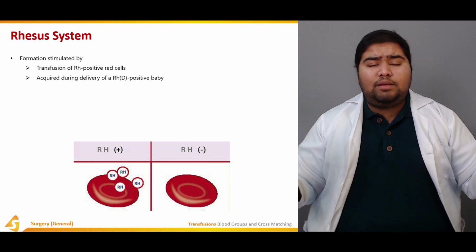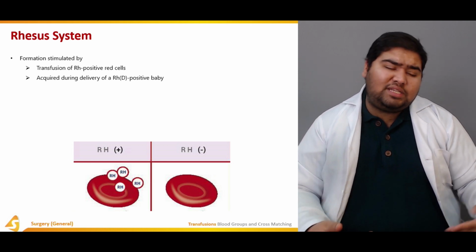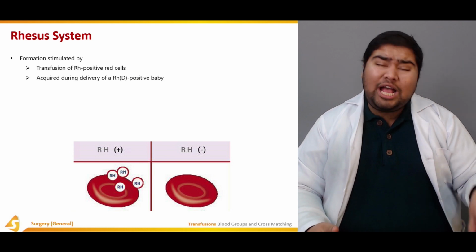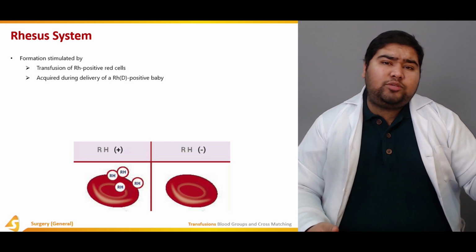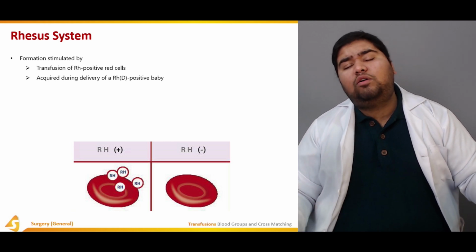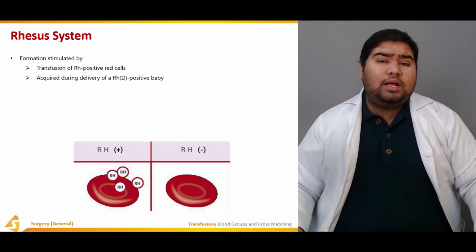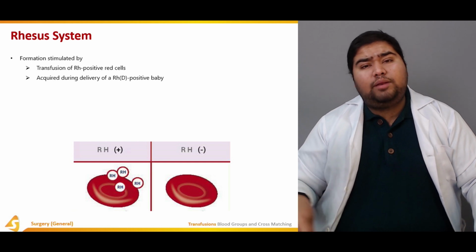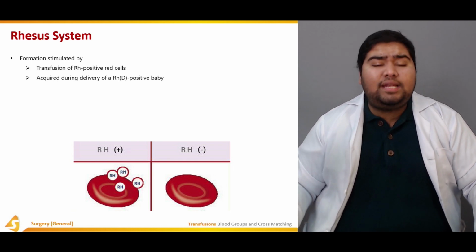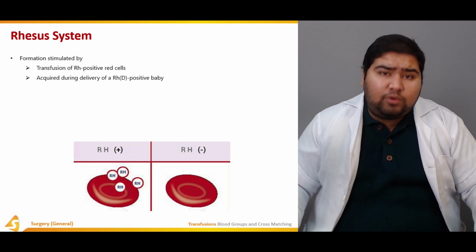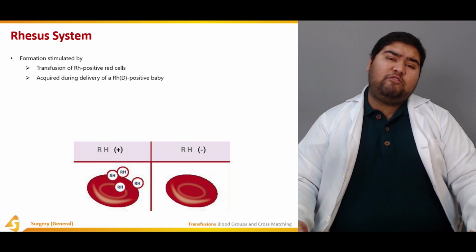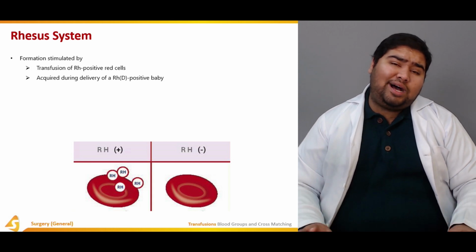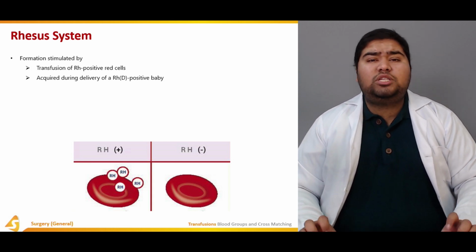During delivery, there's some mixing of the blood of the fetus and the mother. Now this fetal blood, which was Rh positive, goes into the vessels of the mother, and this Rh positive blood induces the formation of antibodies against Rh positive blood, because the body perceives it as a foreign invader and forms antibodies against the Rh positive cells to destroy them.